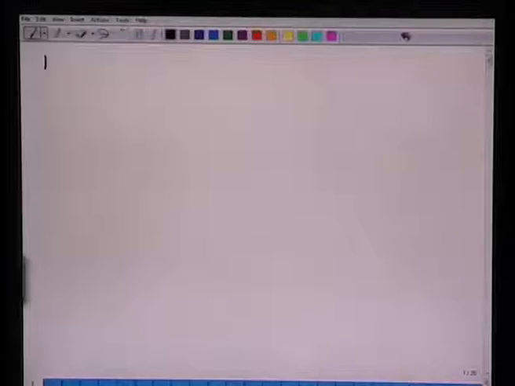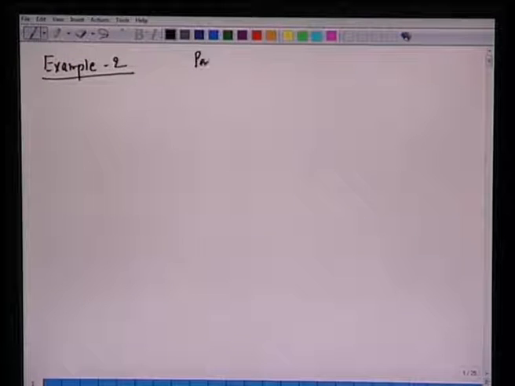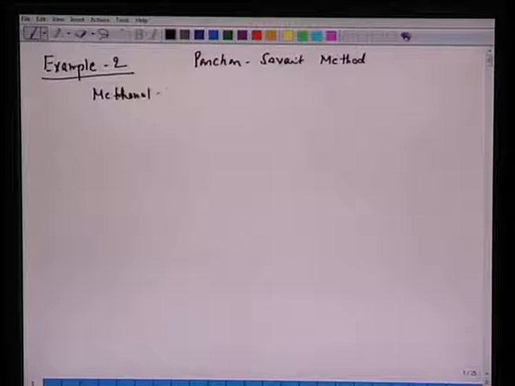So this is example 2, in continuation of our discussion on the Ponchon-Savarit method. All right. So now we are looking at a methanol water solution.